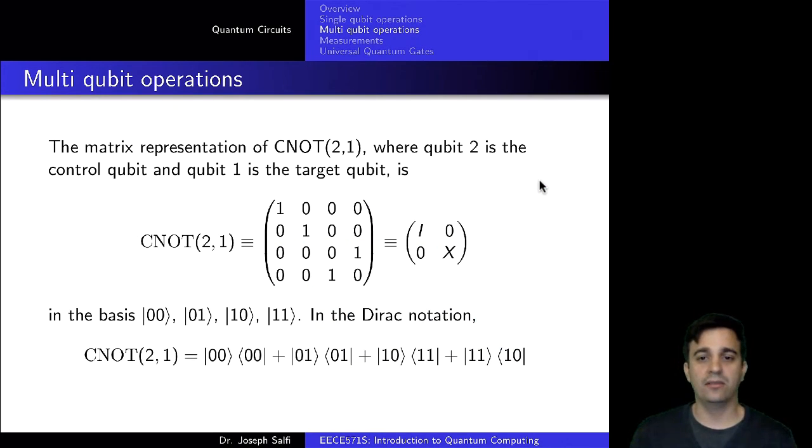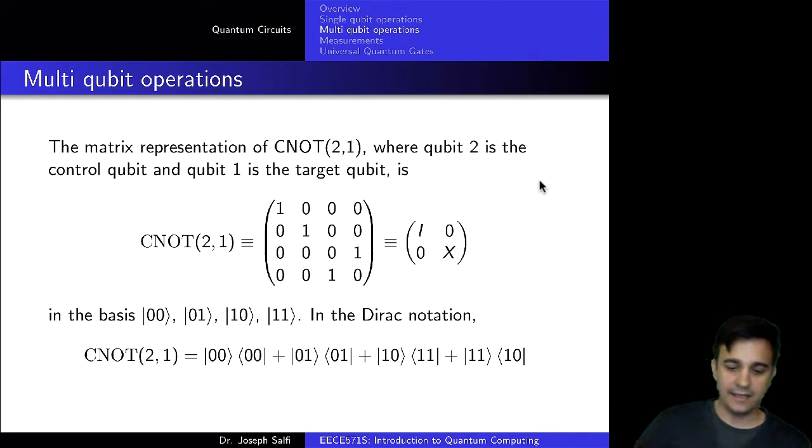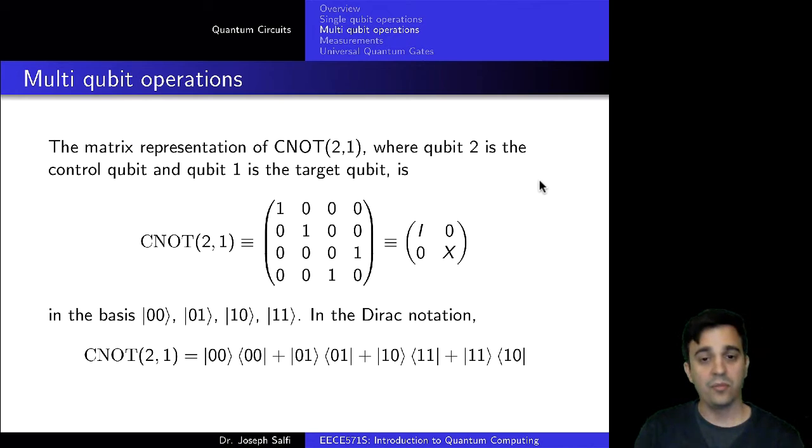In the Dirac notation, we can write this simply as the outer product of 0, 0 and 0, 0 plus 0, 1 and 0, 1 plus 1, 0 and 1, 1 plus 1, 1 and 1, 0.